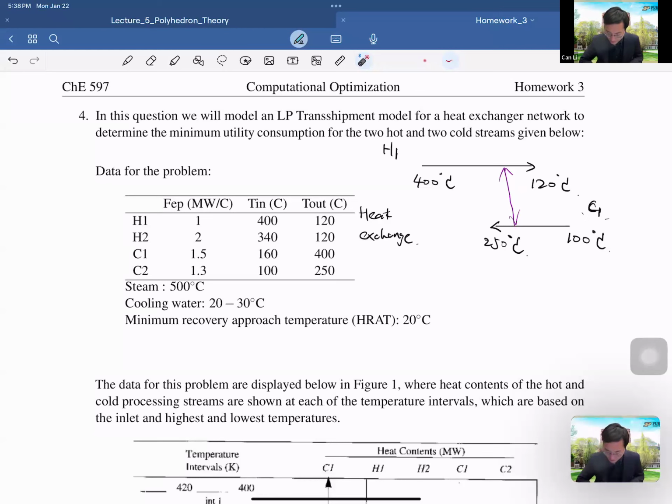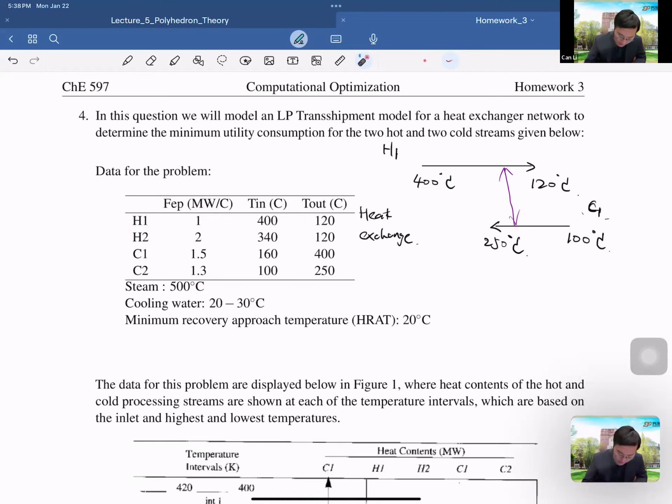Okay, so how do we know we have enough hot stream or not? So here in this first column, it shows the energy you need in order to increase hot stream by 1 Celsius, right?